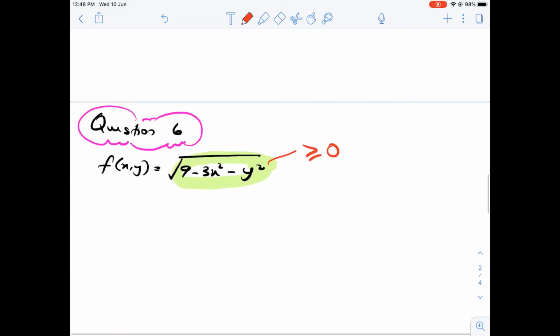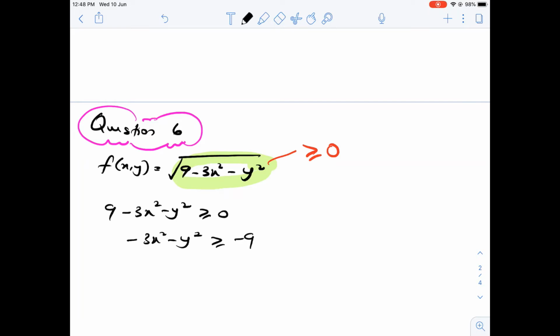But for square root sign, we have the equal sign here. So what we should do now is 9 minus 3x squared minus y squared greater than or equal to 0. So we have negative 3x squared minus y squared greater than or equal to negative 9.